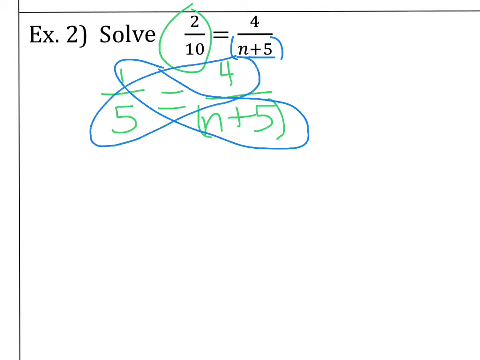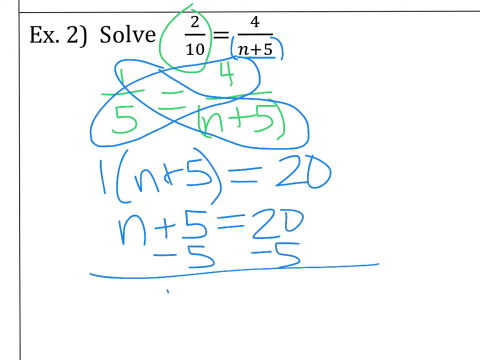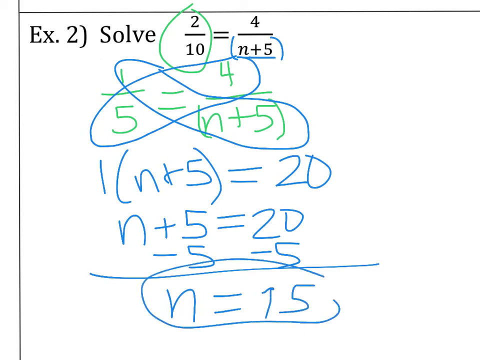So I have 1 times (n plus 5) is equal to 5 times 4. 5 times 4 is 20. When you have that 1 out in front, that doesn't really change anything because 1 times n is n, and 1 times 5 is 5. And then subtracting 5 from both sides, the value of n is 15. Our final answer is 15.